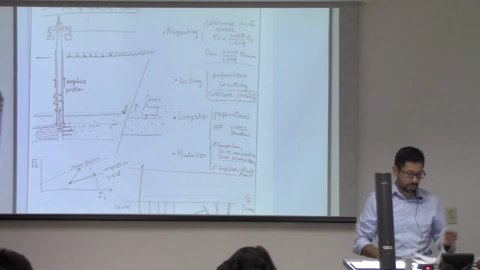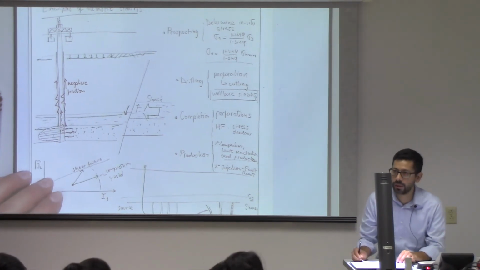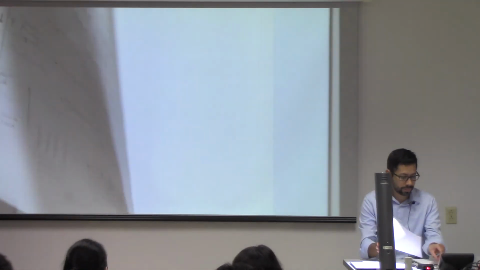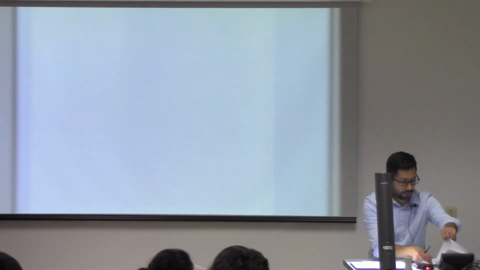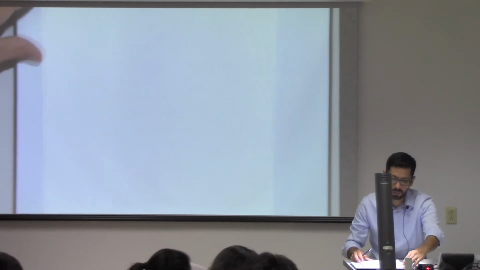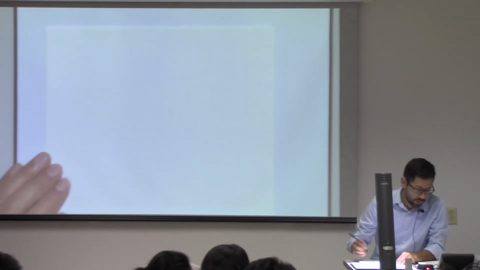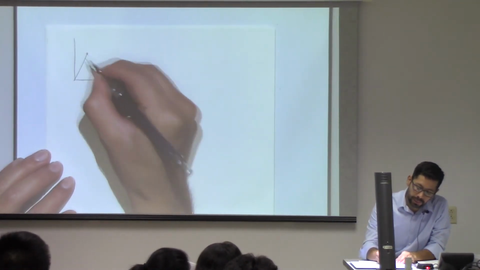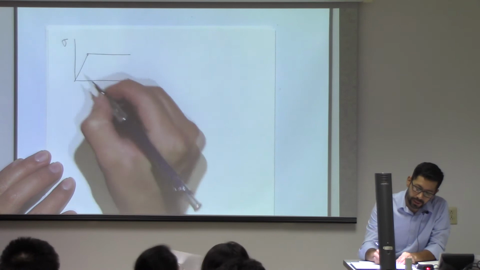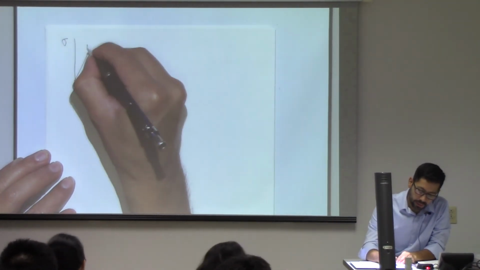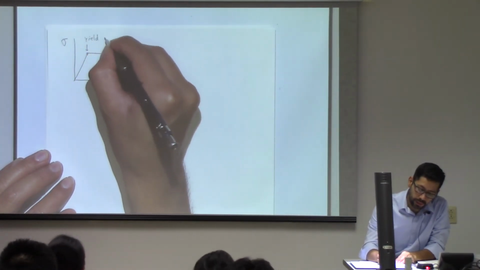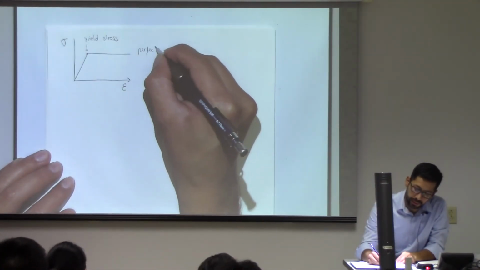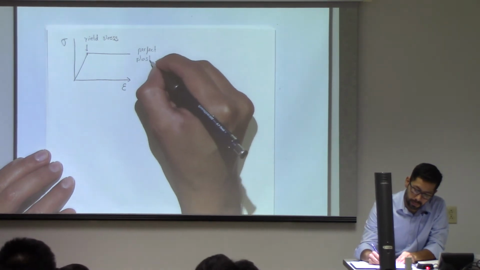All right, so let's go through the theory that's going to help us analyze all of these processes. As we said before, we're going to check the limit on stress, and that's what we call a yield stress. And this is a perfect plastic material.